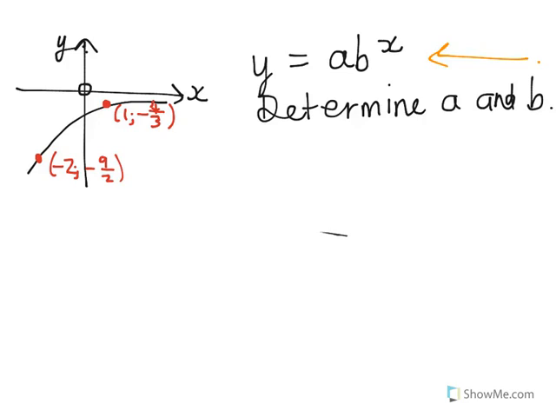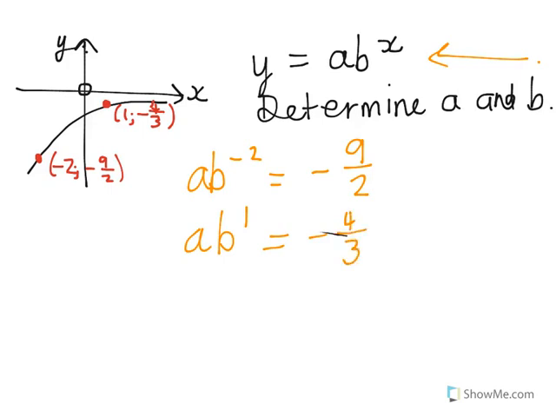You're asked to determine a and b, and all we have to go on here are these two points, these two input-output pairs. On the one hand, we know that when my input is -2, my output is -9/2, and we also know that when my input is 1, my output is -4/3.